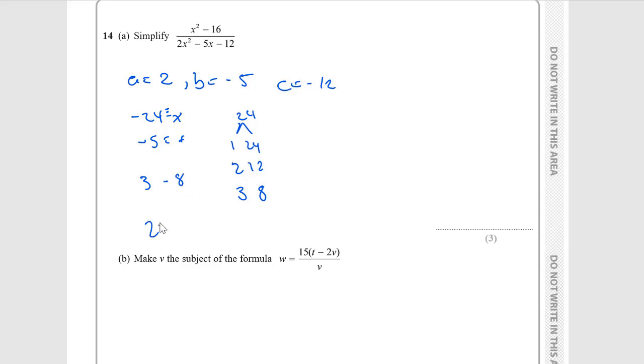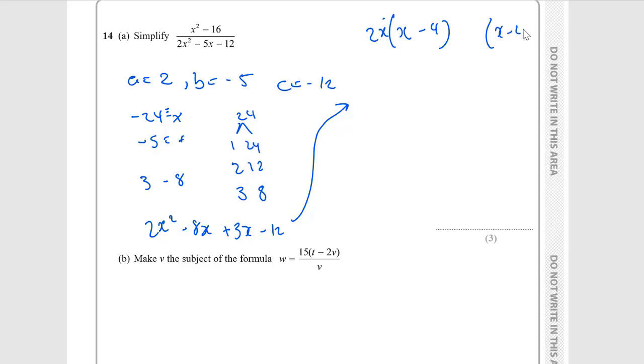So we have 2x squared, and then I'm going to have minus 8x plus 3x minus 12. So we'll just continue that up here. So we're going to have 2x, then we have x minus 4, and then x minus 4, and then we'll have 3 here. So 2x plus 3, x minus 4. Now this is the difference of two squares.